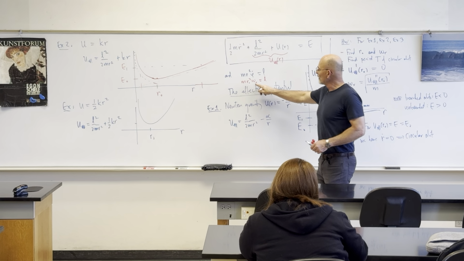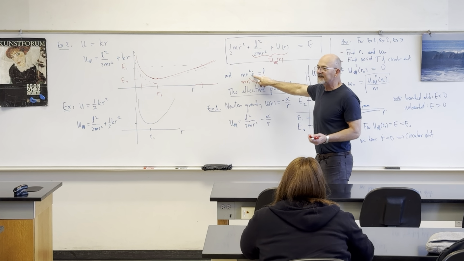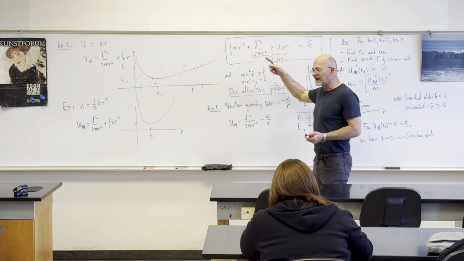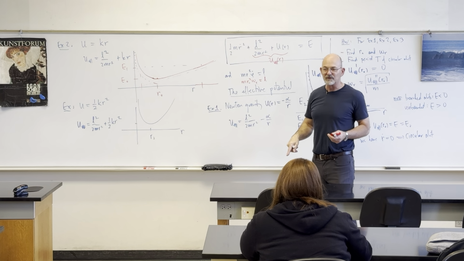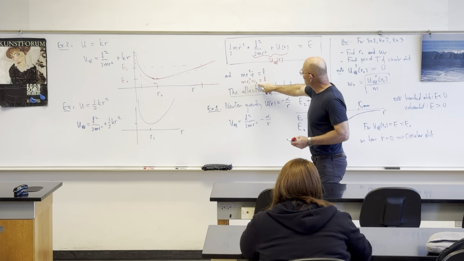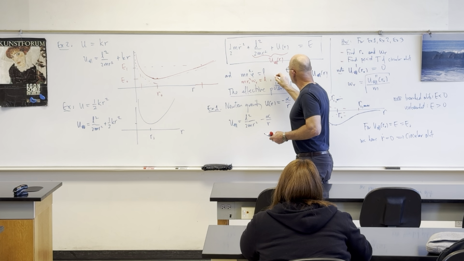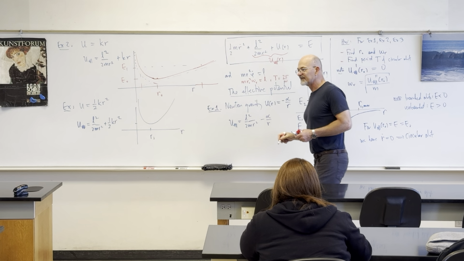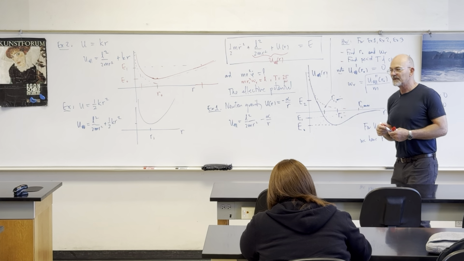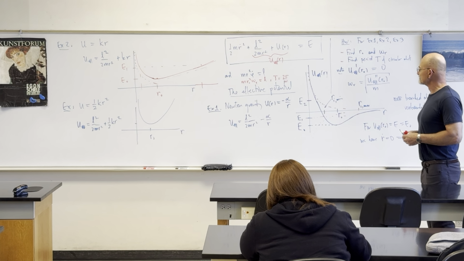Because when R is constant, then phi dot is constant, and therefore that phi dot is what we call the angular frequency of the circular motion. So T is equal to 2 pi over omega. That's how you get that orbital period out.